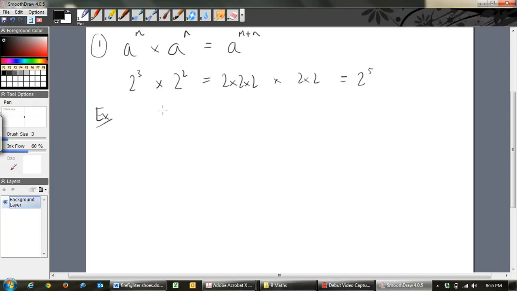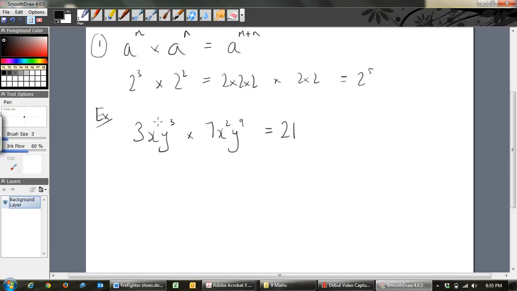So let's do an example of this. We'll work through each index law one at a time. Let's say we've got 3xy cubed times 7x squared y to the power 9. Let's take care of the numbers first. All these things are multiplied together, so this is 3 times 7, which is 21.